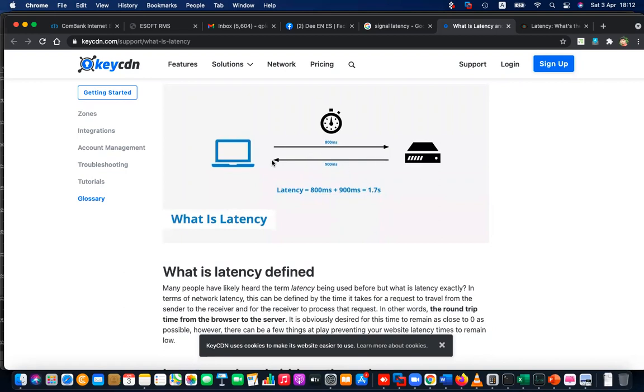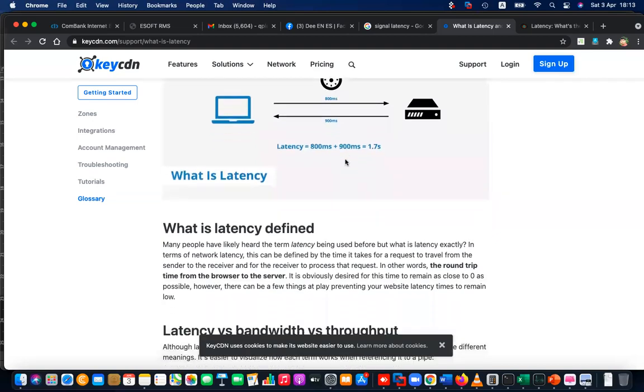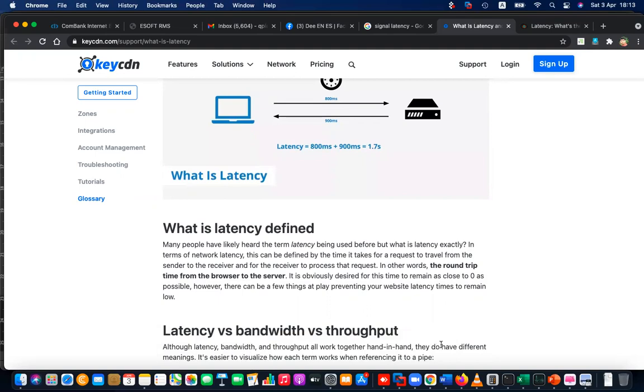So latency means the time taken to move the signal and get the response. For example, take a ball. If you bounce the ball, the time taken to hit the surface and come back to the original location is called latency. This is sometimes called round trip time, or round trip delay.